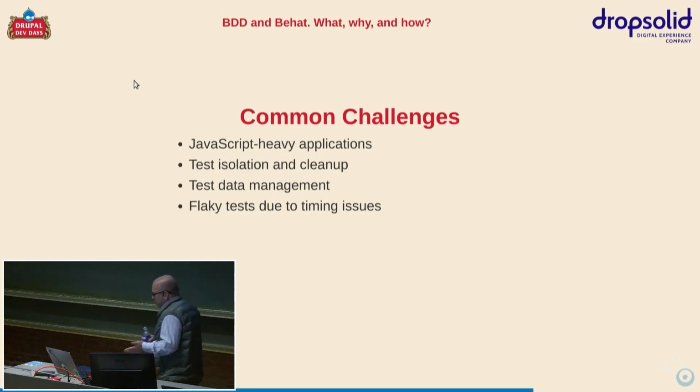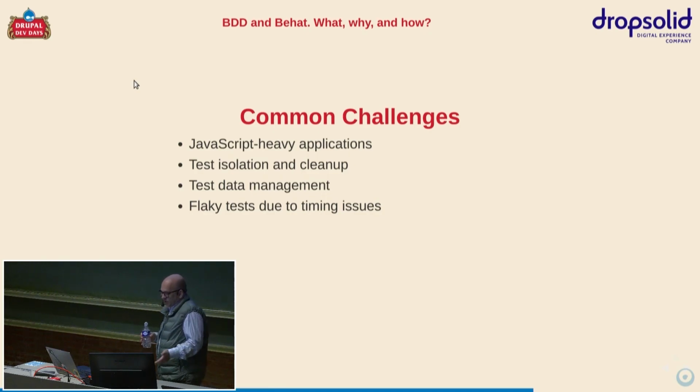The next challenge is what exactly you're testing, right? Behat is a black box testing technology, so it doesn't know anything about how your code is written. It doesn't know the structure of your application, what modules are enabled or disabled.